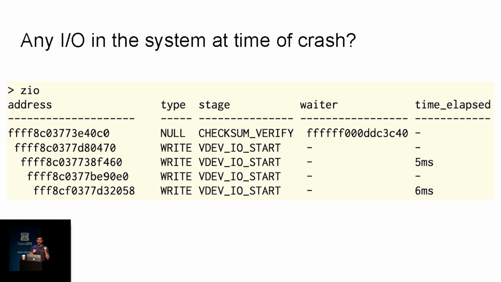And again, this can be either for a running system or a crash dump. And this is pretty powerful because you can see the relations of all the ZIOs, parent to child. You can see what type of ZIO it is. You can see the current stage, and you can see if there's any waiter waiting on that ZIO.